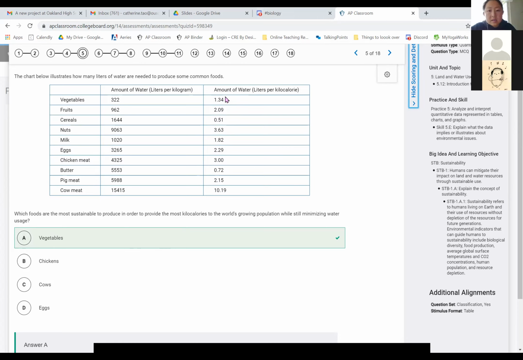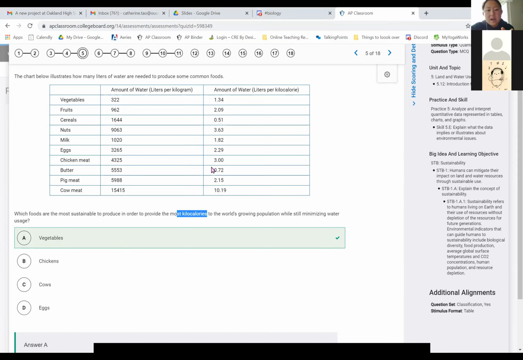They're saying that for 1 kilocalorie, it takes 1.3 liters of water to produce vegetables. Oh, okay. Both of these are measurements of water, but it's dependent on kilograms or kilocalories, and in this scenario, they're asking only about kilocalories. Oh, okay.